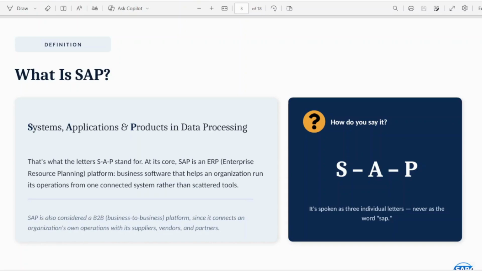When we get to ERP, we will see it in depth. For now, SAP is basically an ERP, a single standalone software that is used to manage the whole organization, all its departments.